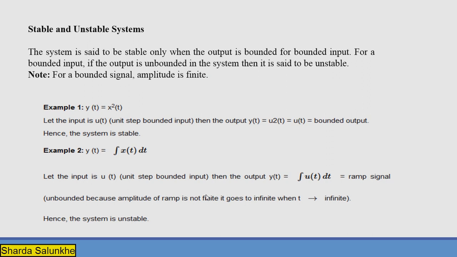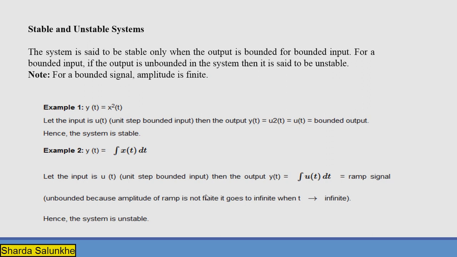The next one is the stable and unstable system. A system is said to be stable only when the output is bounded for a bounded input. That means your system should be BIBO, bounded input, bounded output. For a bounded input, if the output is unbounded, the system is said to be unstable.